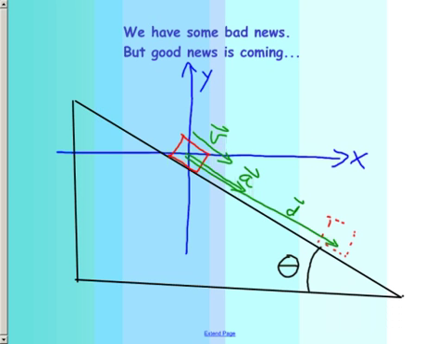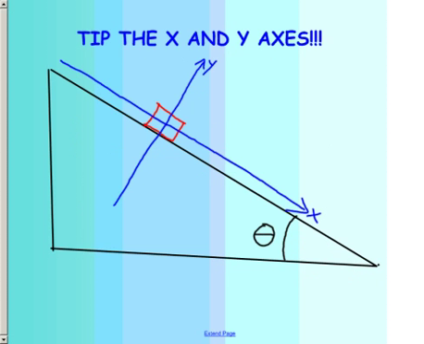So, guess what? Here's the good news. We're not going to do that. We're still going to do math, but we have a solution. Check this out. Let's tip our axes. Fantastic. So now, guess what? A is only in the x direction. Our velocity is in the x direction. Sorry, got to make those vectors. And our displacement, when our box ends up down here, only goes in the x direction.